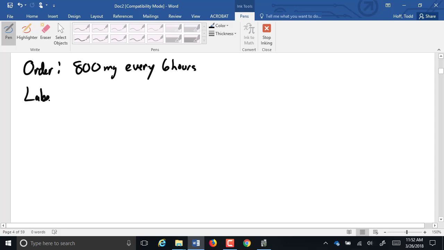We looked at our label, and let's say this is to be administered by mouth, orally. So our label says that this is concentrated at 250 milligrams in 4 milliliters.